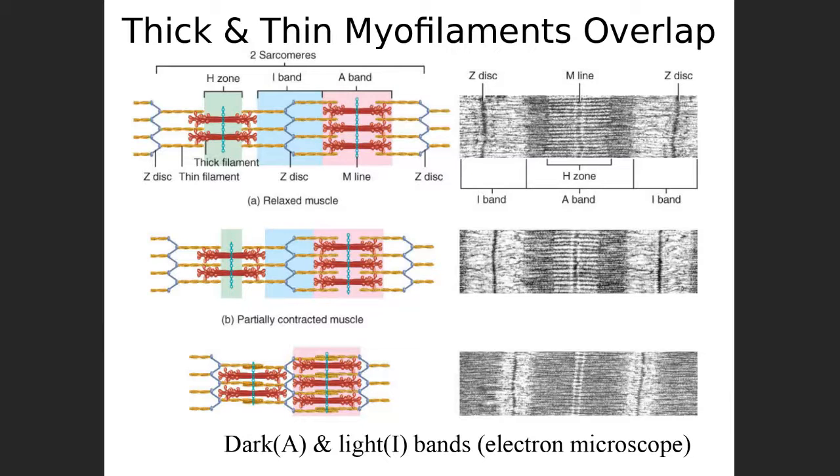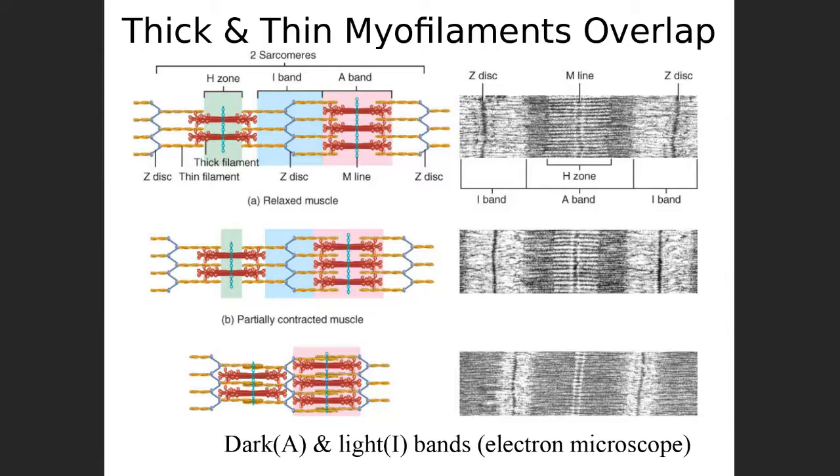Okay, so let's get a little bit of muscle physiology here. This is what the muscle looks like when it's relaxed. This is what the muscle looks like when it's partially contracted, and this is what the muscle looks like when it's fully contracted. That just gives you an example of what's going on.